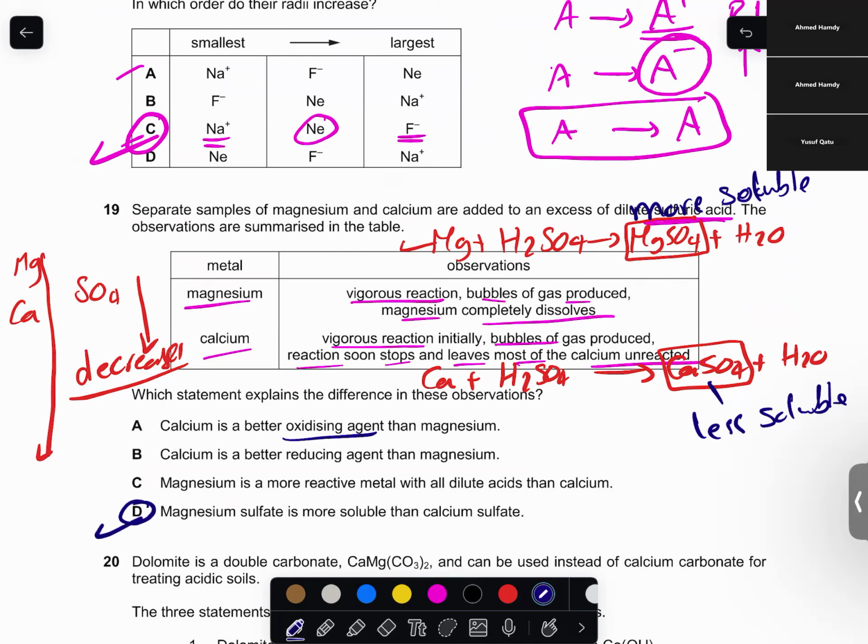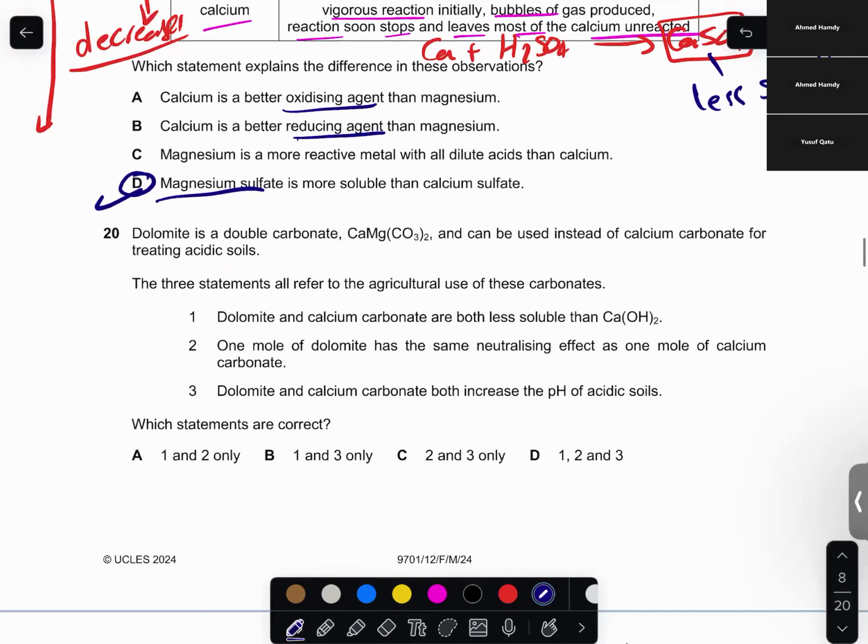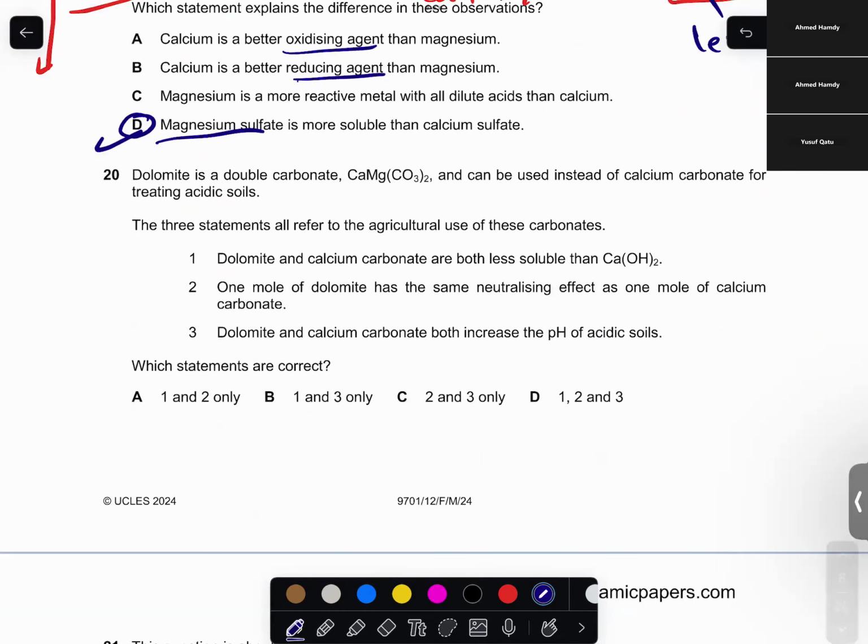Yes, it's right, so this is the reason, because magnesium sulfate dissolves, so it gives a chance for more magnesium to dissolve. But calcium, it's a better reducing agent and more reactive, but once it reacts, it forms calcium sulfate, which is not soluble.